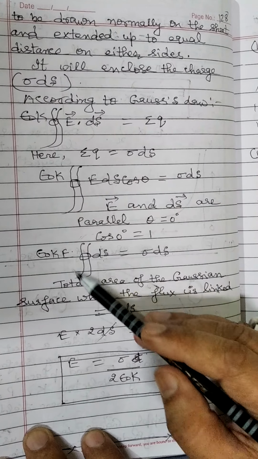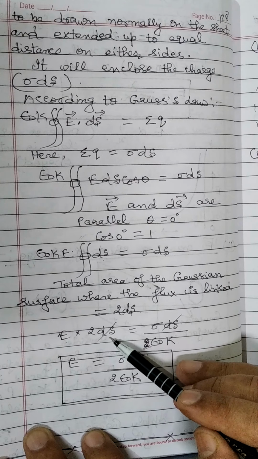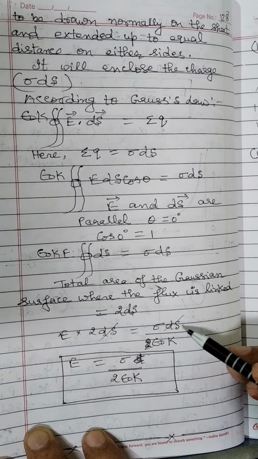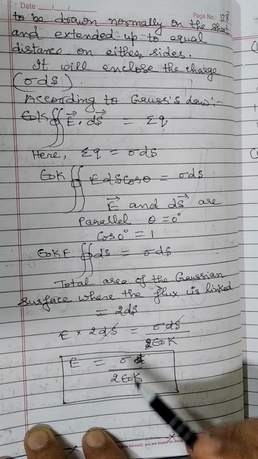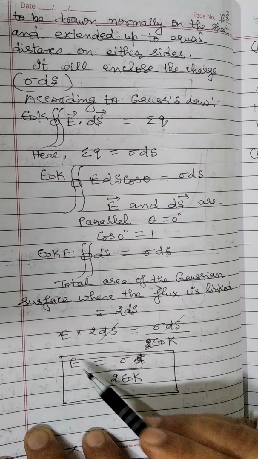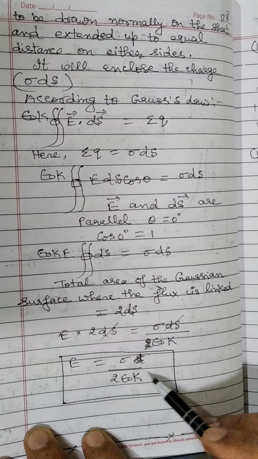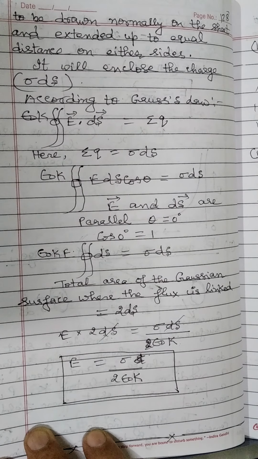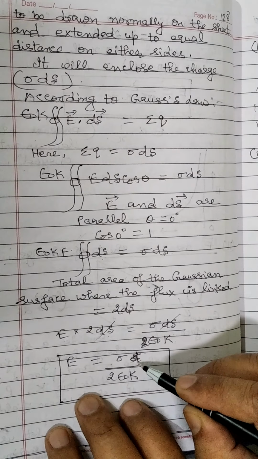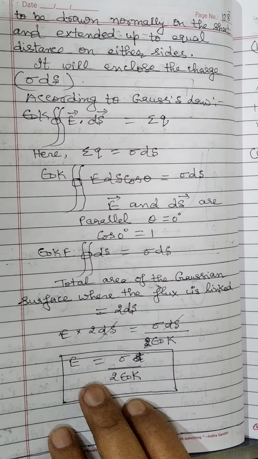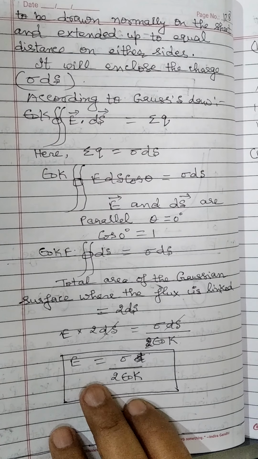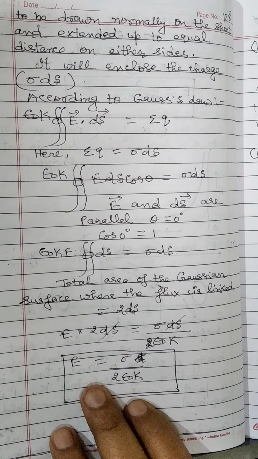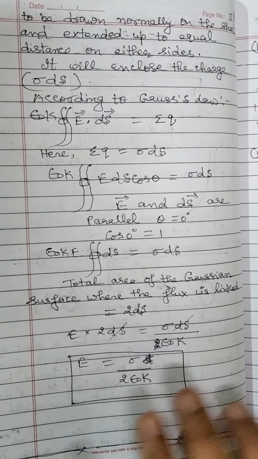In place of this quantity, we can replace 2ds and sigma ds, and epsilon 0 will be here. So ds will be cancelled out, and this 2 will also be here. So electric field will be equal to sigma upon 2 epsilon naught. This is the electric field near the sheet of charge on which the plus q charge is uniformly distributed, and we have considered the surface charge density.